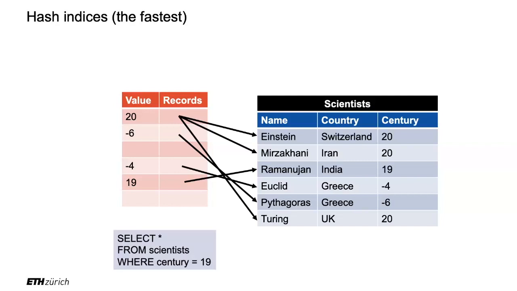Now, imagine that I get that query. How do I process that query without scanning the whole table? Can anybody figure that out? Yes, go ahead. H of 19, that gives me 4, and that's instant. Instantly I get 4.